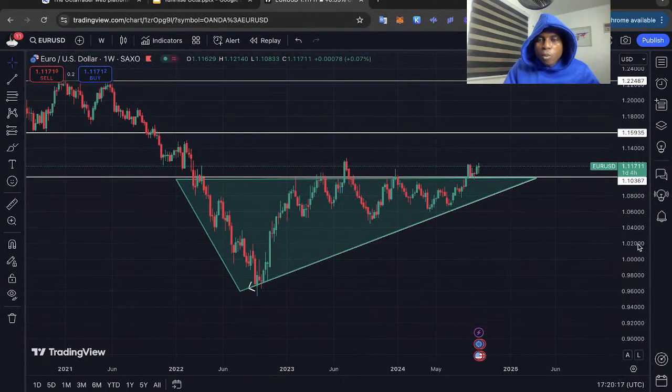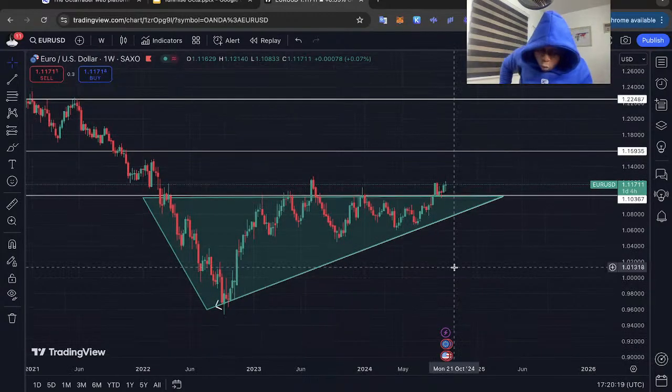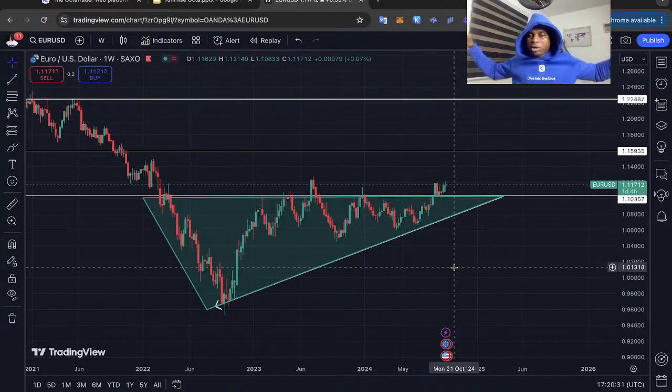Do you know why we are going down to the weekly time frame? The lower the time frame, the clearer the information. Higher time frame gives us a broad scope of information, but the more we go deep into lower time frames, we get to see what is almost happening in real time. So the lower the time frame, the clearer the information that is coming in.